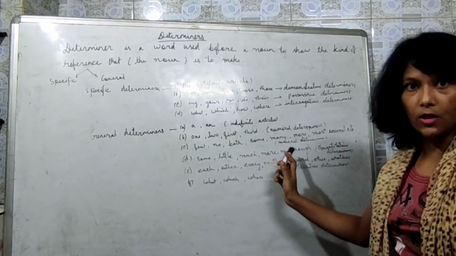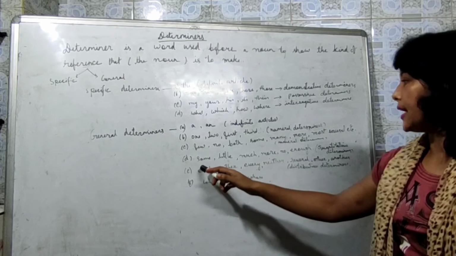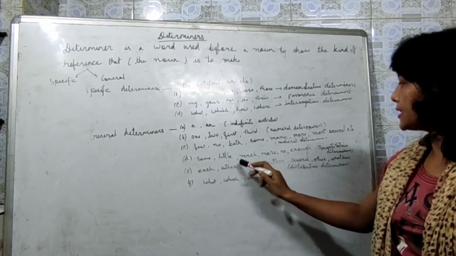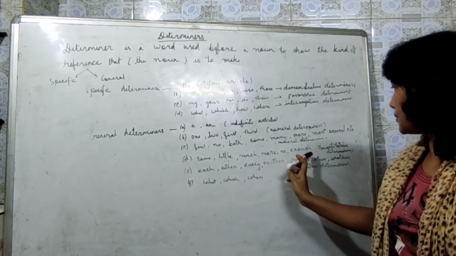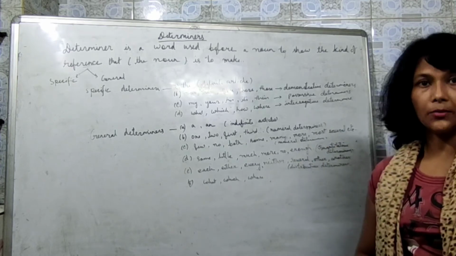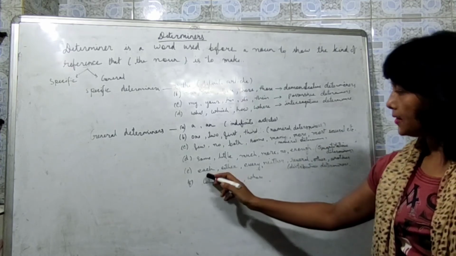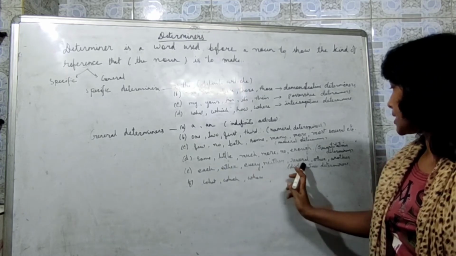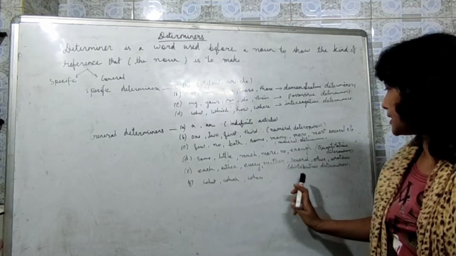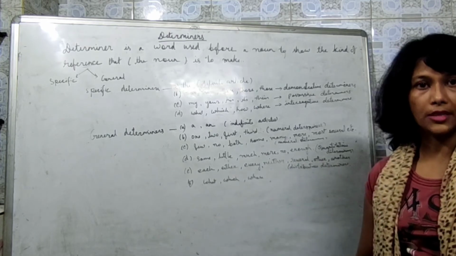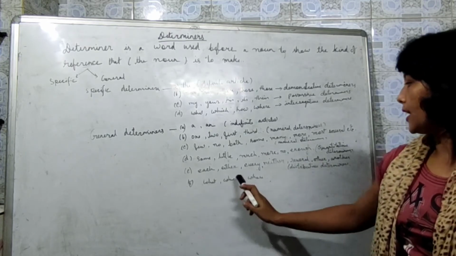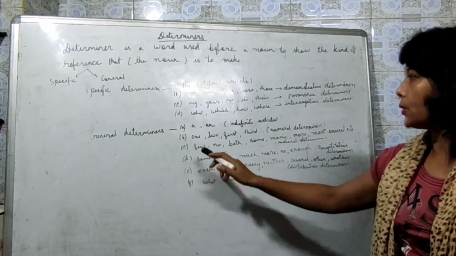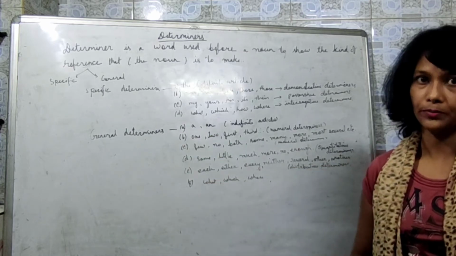These are also numeral determiners. D: some, little, much, more, no, enough. These are quantitative determiners. E: each, either, every, neither, several, other, another. These are distributive determiners. What, which, whose we can include in general determiners also.